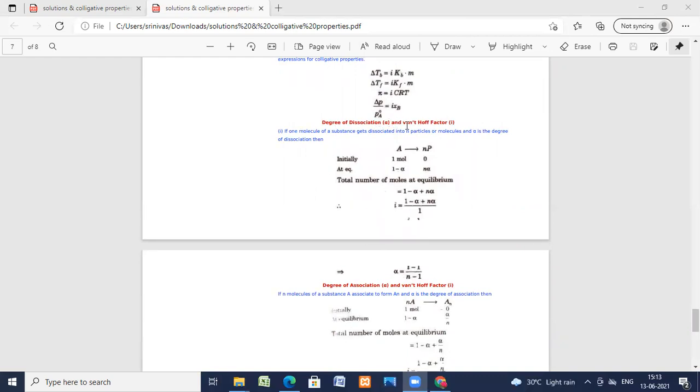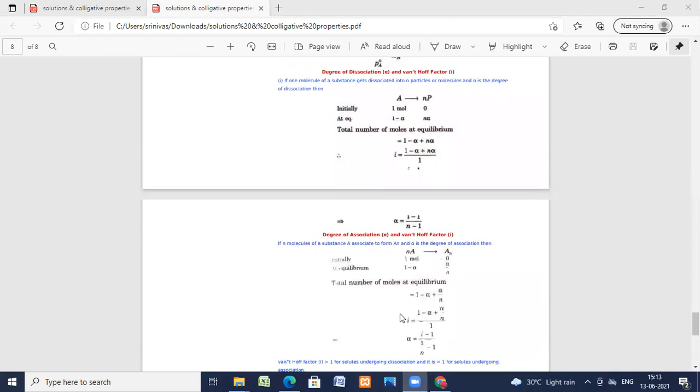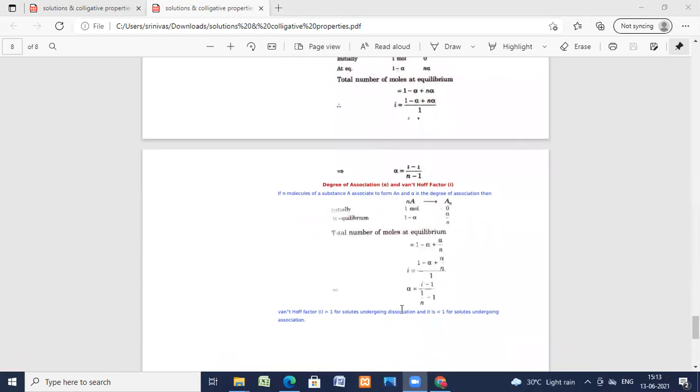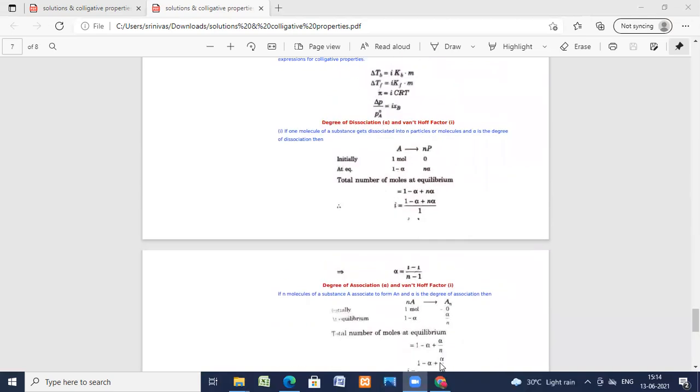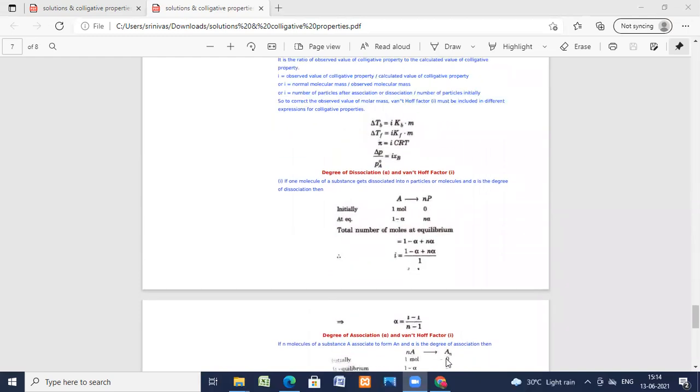Alpha is the degree of dissociation, and this is its relation with the Van't Hoff factor. Now for the degree of association, how is the relation? You see here, α = (i − 1)/(1/n − 1). This is the way the Van't Hoff factor and the degree of dissociation and association are related.